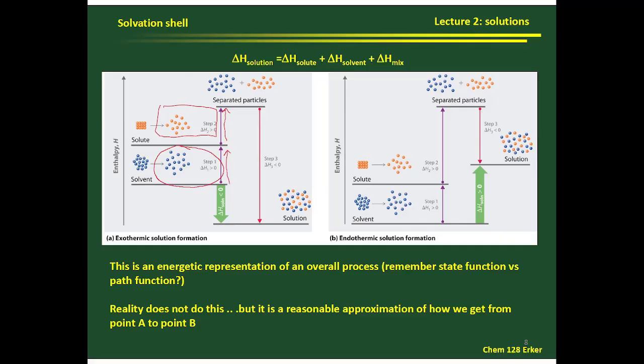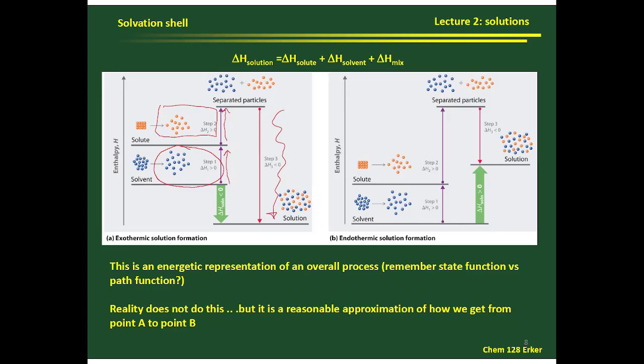The delta H of mixing is this last step, where the two things get mixed back together. We're going to be looking at the interactions of the solvent particles with the solute particles, and that will give rise to some exothermic process.